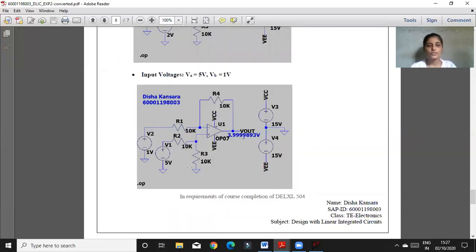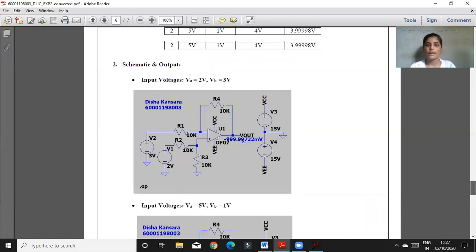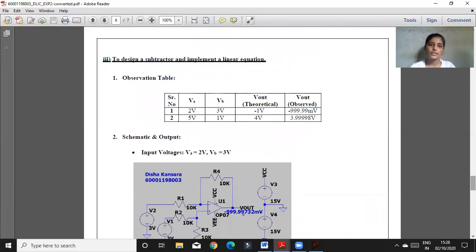Here I gave V1 as 5 volt and V2 as 1 volt, with the same resistor values of 10 kilo ohms, and my output is 3.999, which is approx 4 volts. So my subtractor circuit is proved.